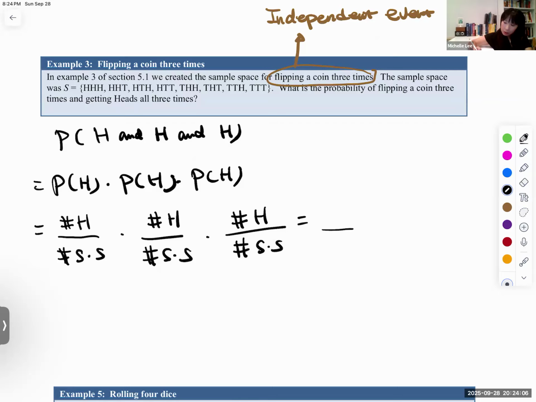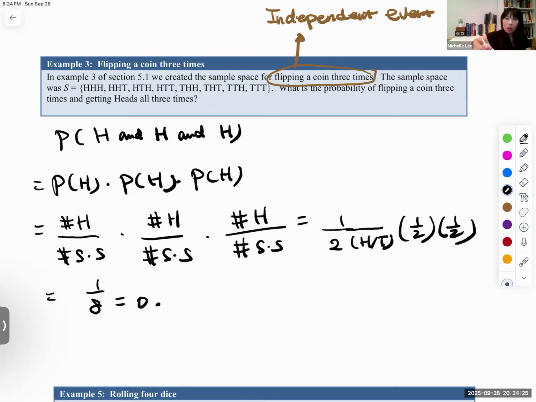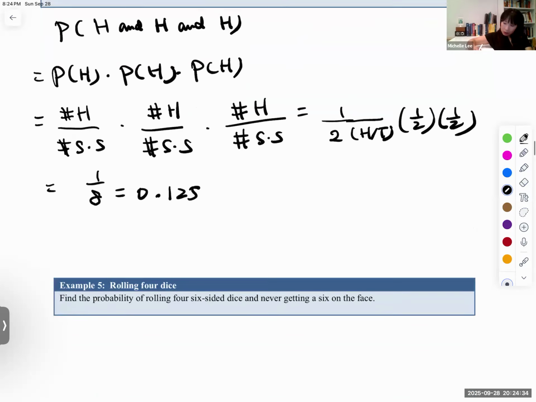Flip the coin, 2 outcomes, head or tail, right? And then how many heads? Only 1 head. So 2 times 2 times 2, which is 8. So 1 over 8. So that is 0.125, like earlier. Answer, right?